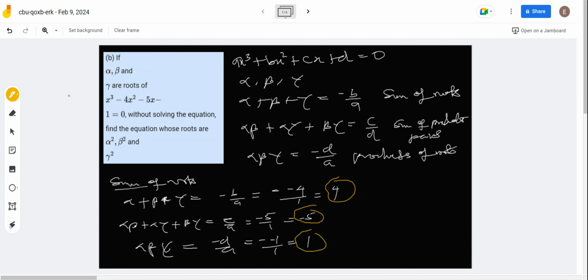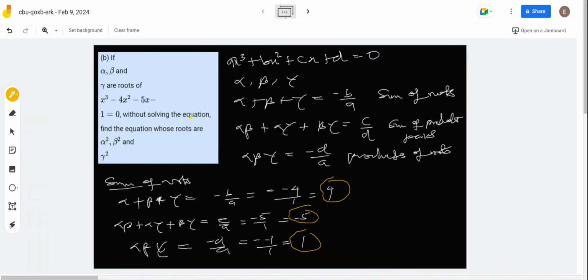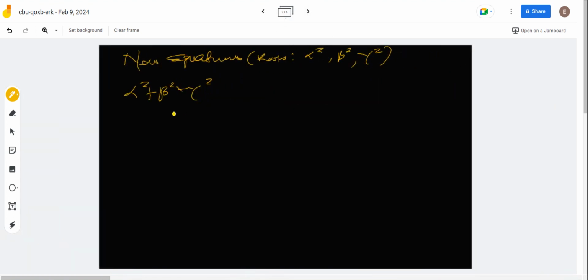Now let's go to our new equation. The roots are alpha squared, beta squared, gamma squared. The sum of these roots will be alpha squared plus beta squared plus gamma squared. We need to manipulate this expression so that we get expressions involving these values, so that we can slot their values inside to get our sum.